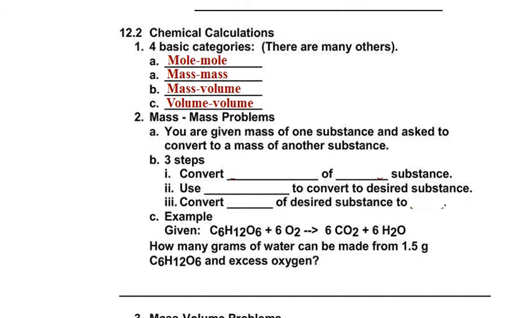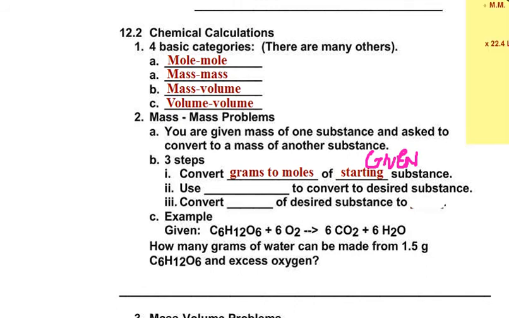All right, first up is a mass to mass problem. You are given one substance, and you are asked to convert to the mass of another substance. The first step is to convert your grams to moles of a starting substance. This starting substance is your given, and that's the value that you are given in the problem. Converting grams to moles, you guys have done this before.